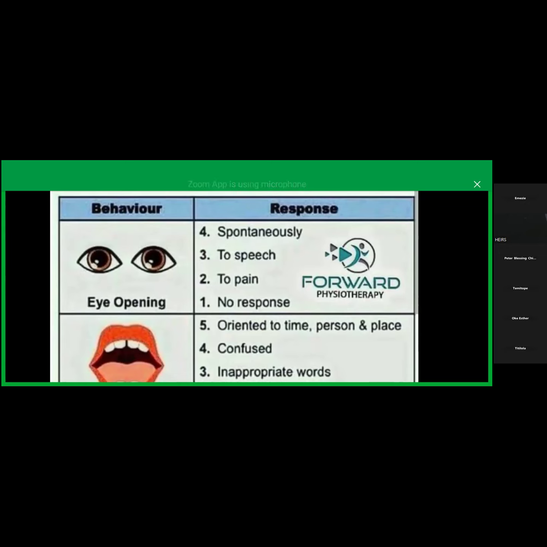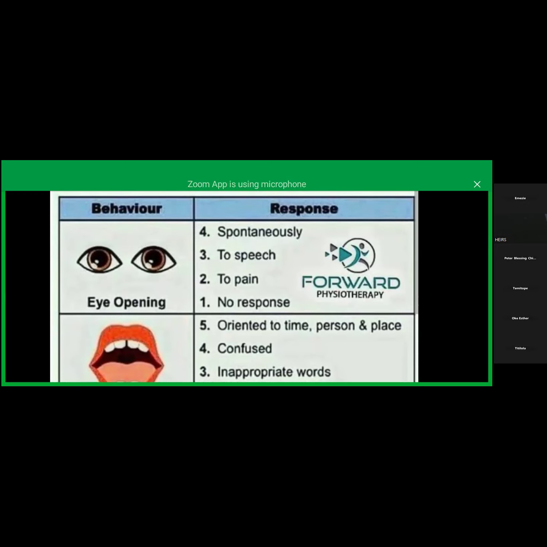Remember, we enter, the patient's eye is not open, so it can never be 4. We call the patient's name, Mr. Paul. The patient did not open the eyes, so it cannot be 3. So we now try to put pain. How do we cause pain to the person?